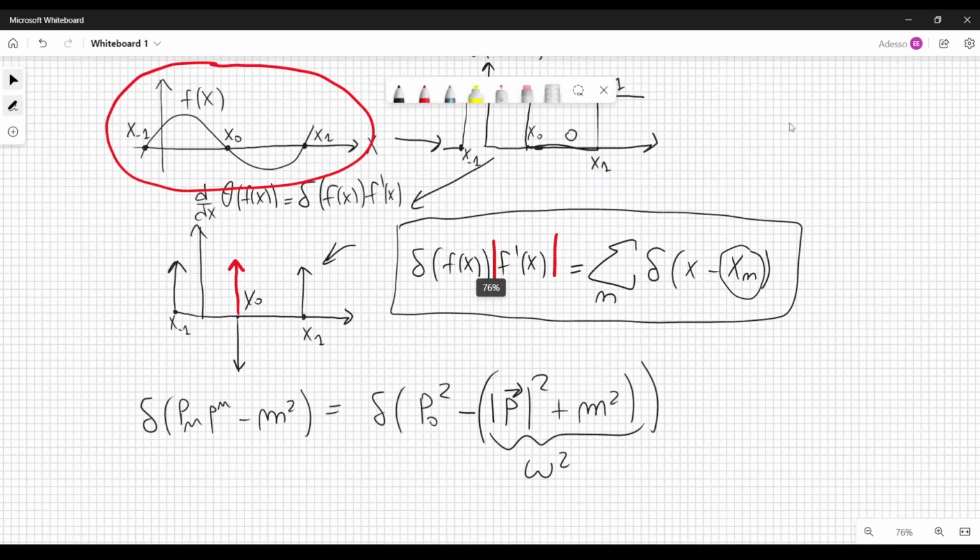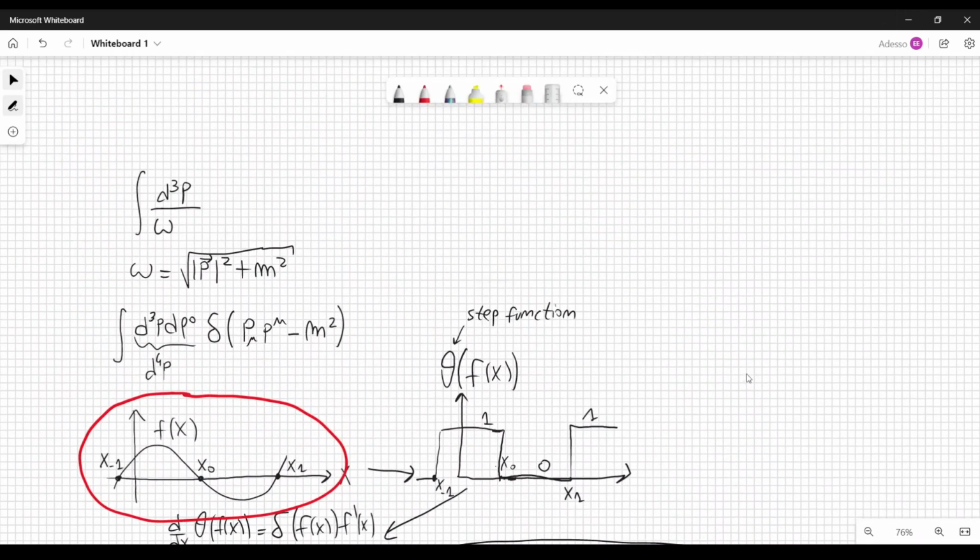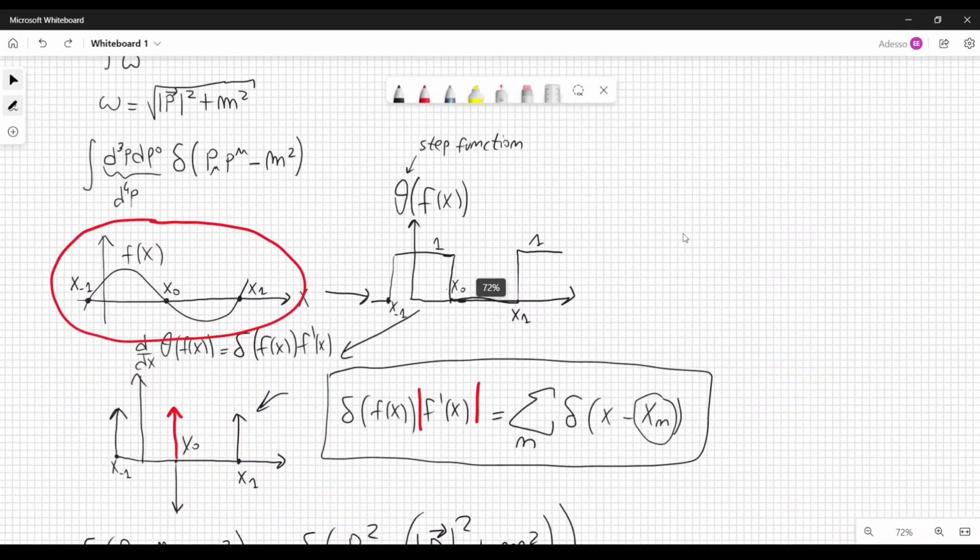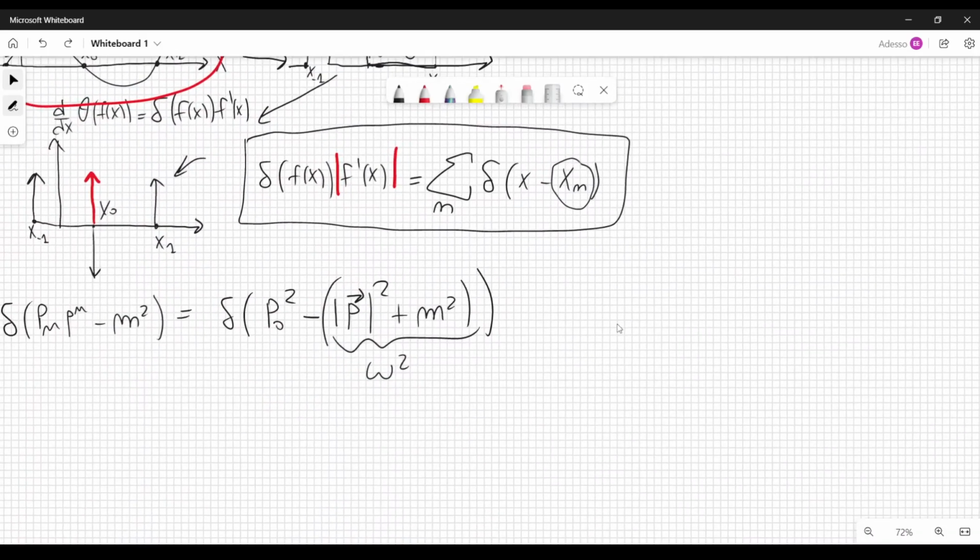So we are going to define this just like that. Omega is the square root of that. And now this is our function f of p0. So instead of the variable x, we have p0 here.